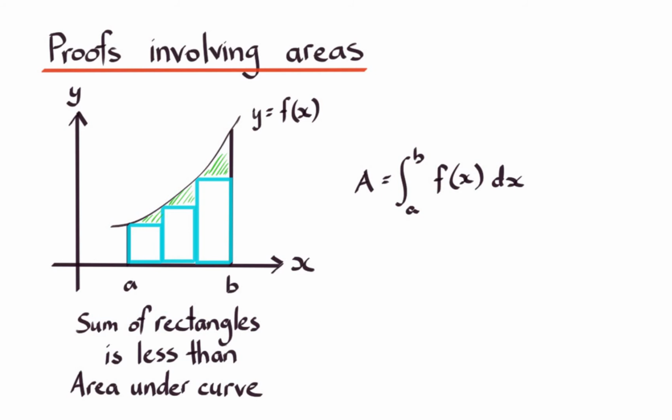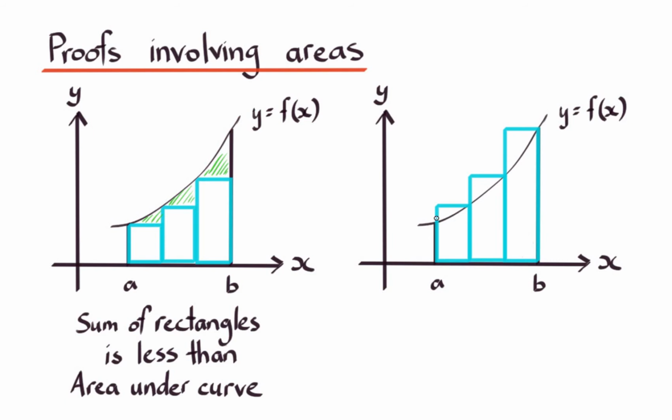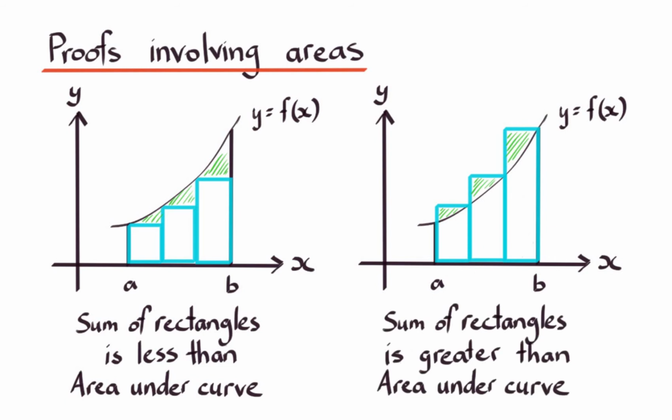And in the same way of thinking, we could use outer rectangles, where there is still error, but we can see now that the sum of the rectangles is greater than the area under the curve. Let's now use these observations to help us with another example.